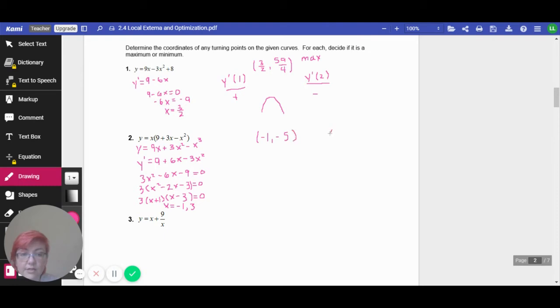For my next point, I have 3 as my x value. So again, I'm plugging that into my original function. 3 times 9 plus 3 times 3 minus 3 squared. 27.